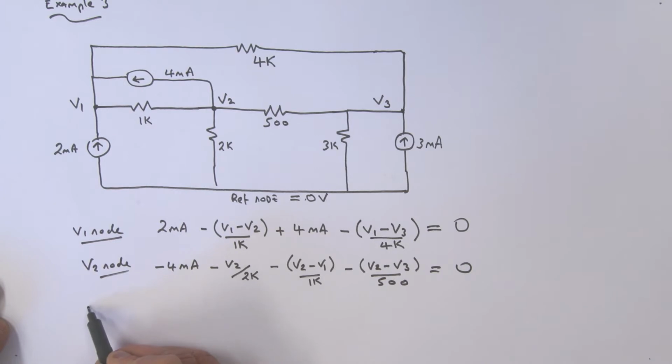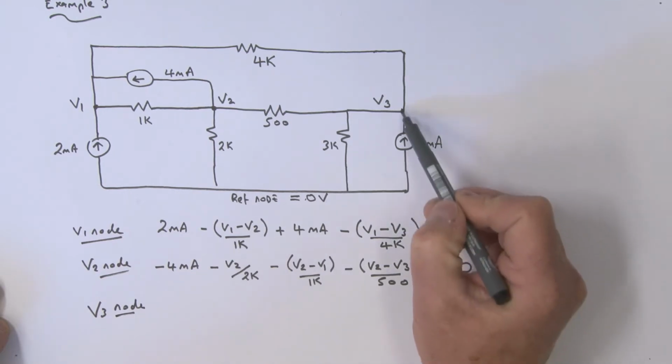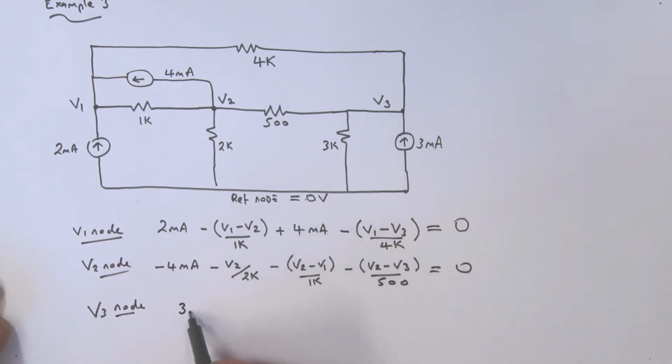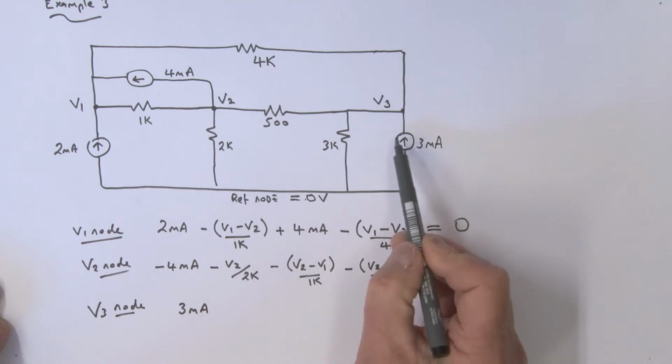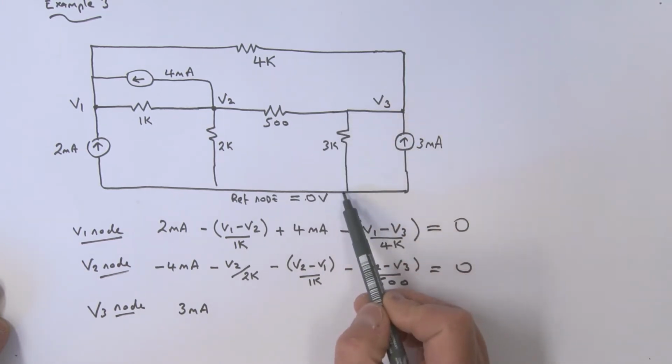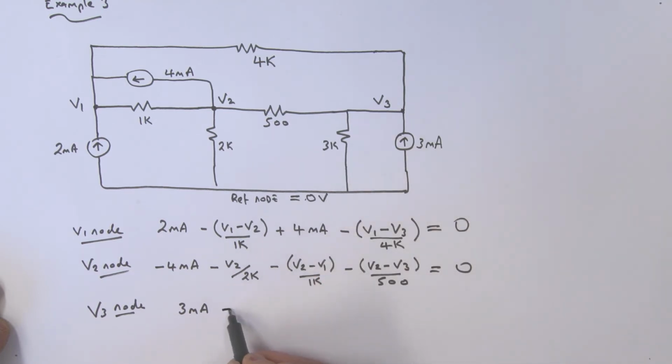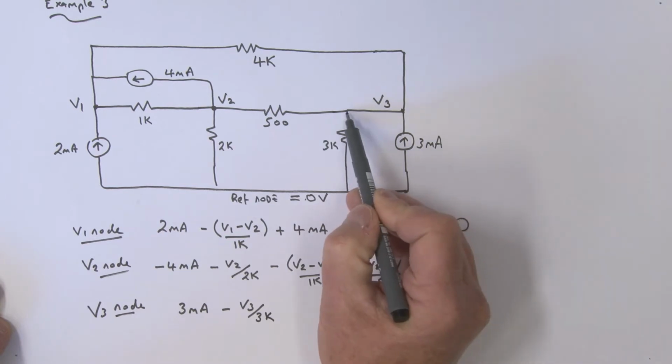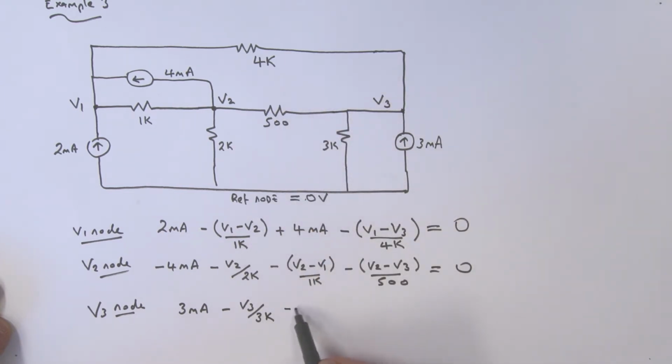All right, third node equation. So this is the V3 node. Let's have a look at that. Well, coming in, we have what? 3 milliamps, okay? Going out, we have V3 divided by the 3K, so that's a minus V3 divided by 3K. Coming out, we have a minus bracket.